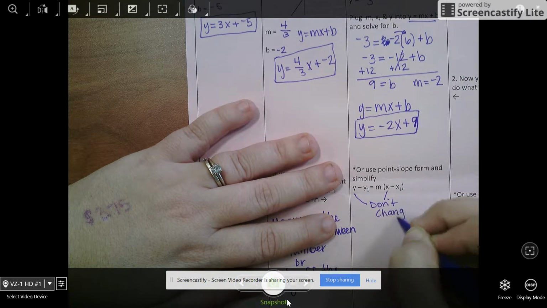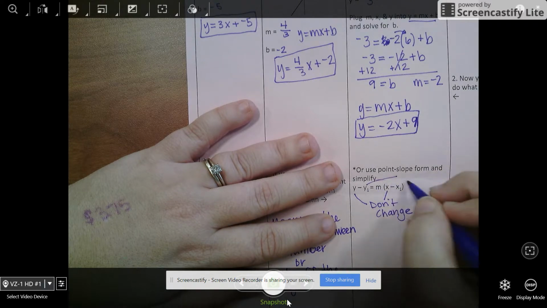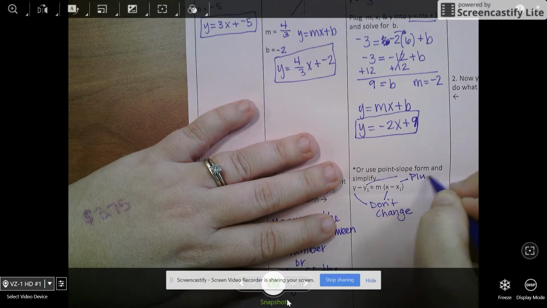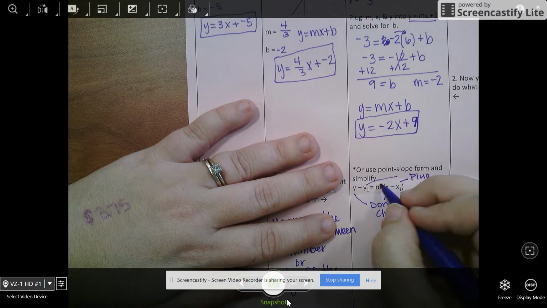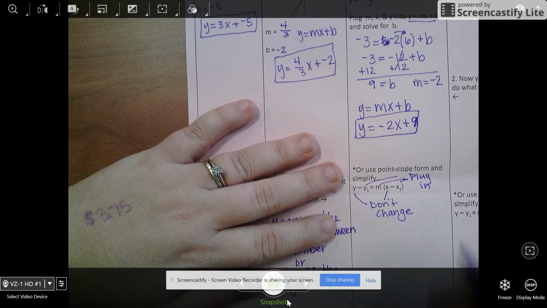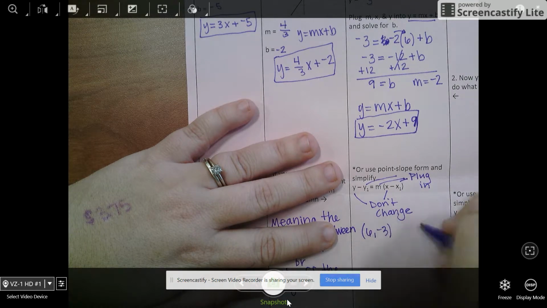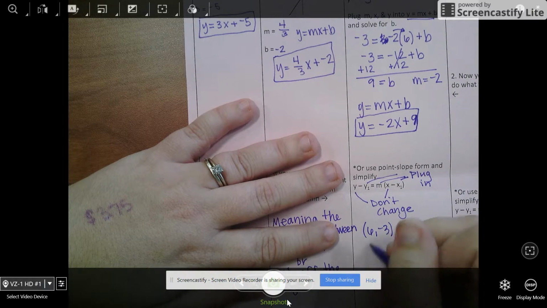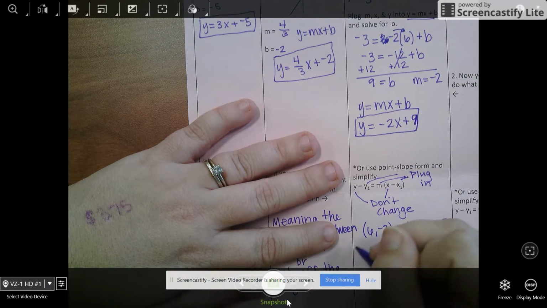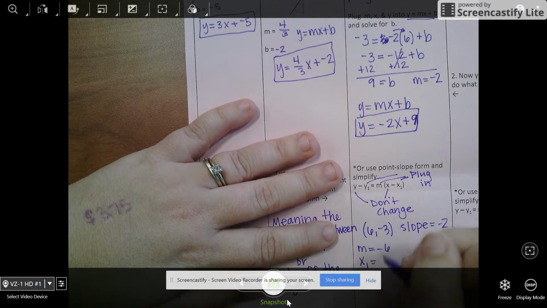The x1 and the y1, these two are what we're plugging in, and we're going to plug in m. This time we had the point (6, -3), and we had the slope -2. So if that's the case, we know the slope, m, and that would make x1 6 and y1 -3.